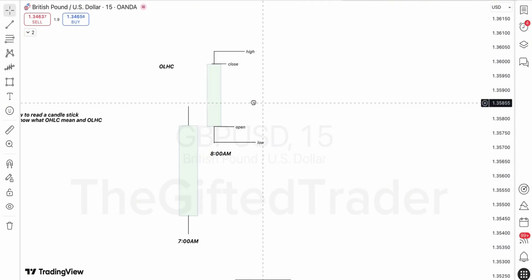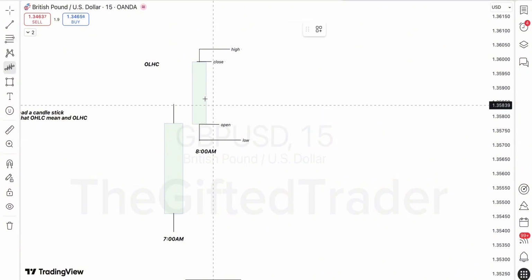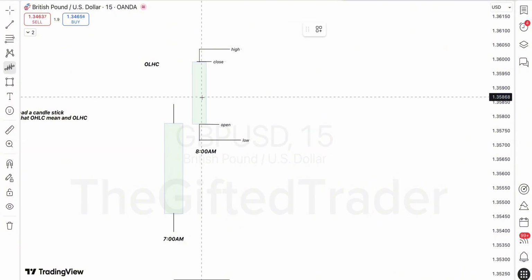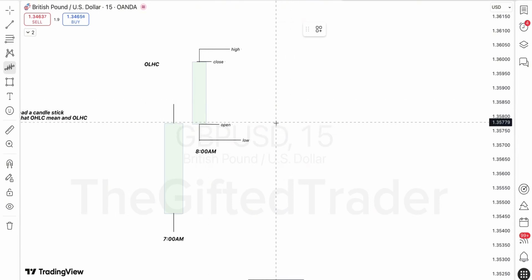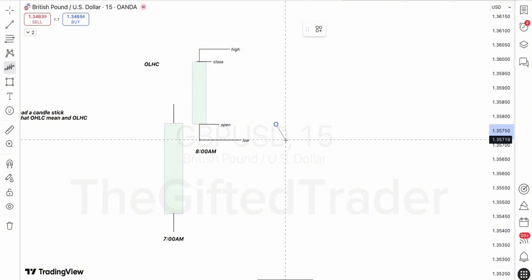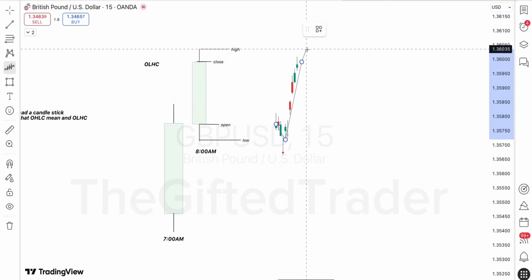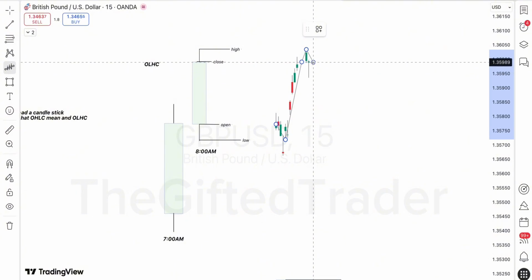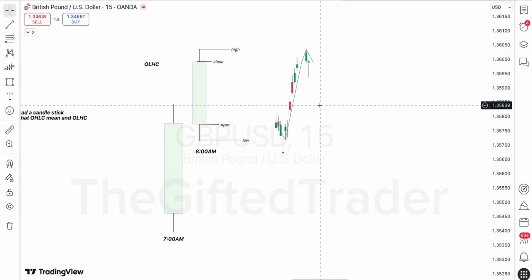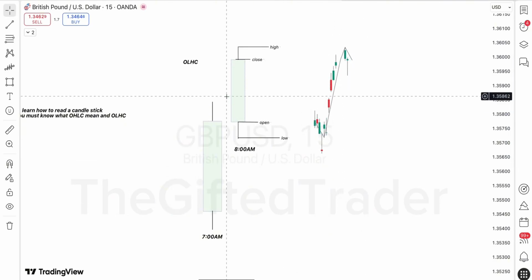Now let me give you an example. This is where price opened. This is a 1 hour time frame candlestick. If you go down to maybe the 15 minutes, you will see something like this. Price will go down a bit, then it will go back up to maybe here and close here.